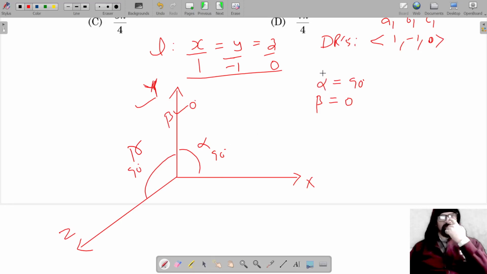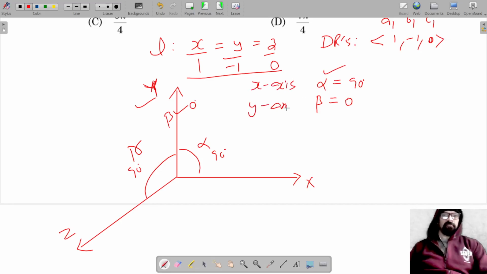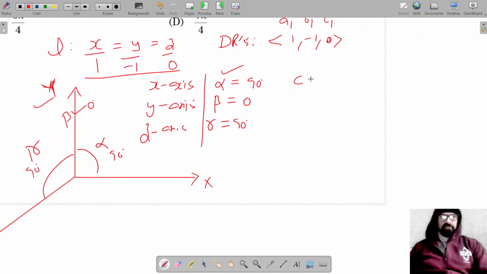With the x-axis, it makes angle alpha, which is 90 degrees, because these axes are perpendicular to each other. The y-axis with the y-axis makes angle 0. This is the angle it makes with the z-axis, let's say gamma, which is 90 degrees because the y-axis is perpendicular to the x and z-axes. And let me find out its direction cosines.